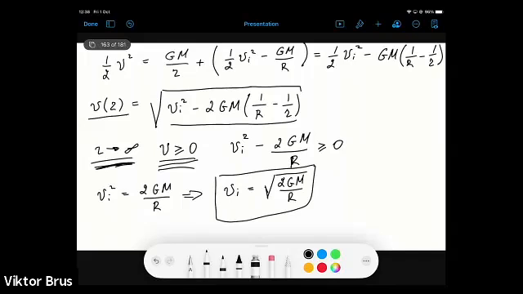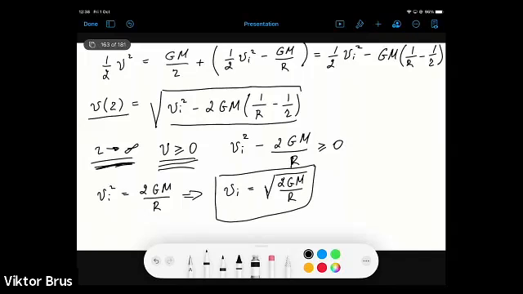Okay, so with this calculation, I think the derivation part, we are done. Now we can discuss a little bit about this escape velocity. So it is definitely a function, as you may see, of properties of the planet.